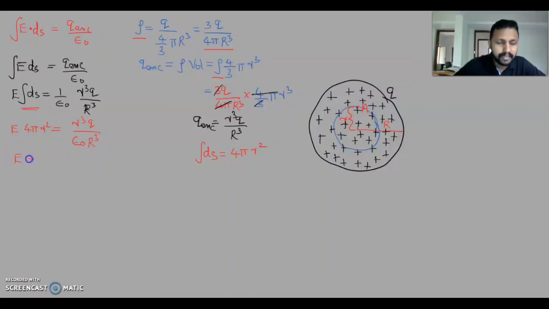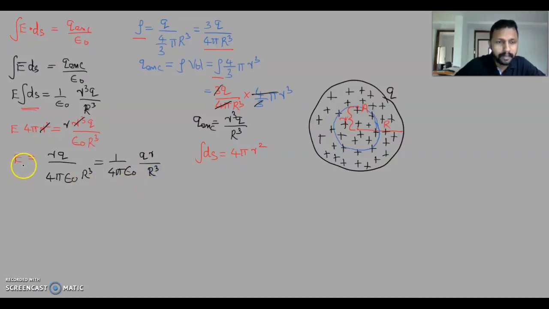Then we will get E is equal to, we could take this 4 pi r square to the other side. Before taking 4 pi r square to the other side, we could cancel this r square and r cube and write an r over here. Then we will get r cube divided by 4 pi epsilon 0 R cube, that is rewritten as 1 by 4 pi epsilon 0 QR divided by capital R cube.